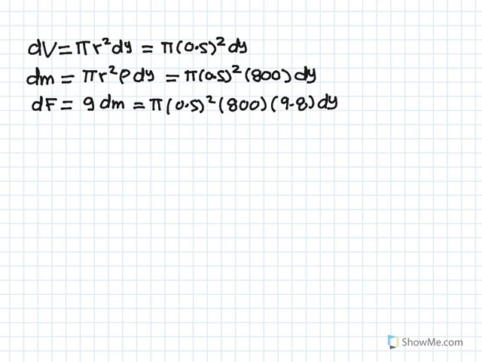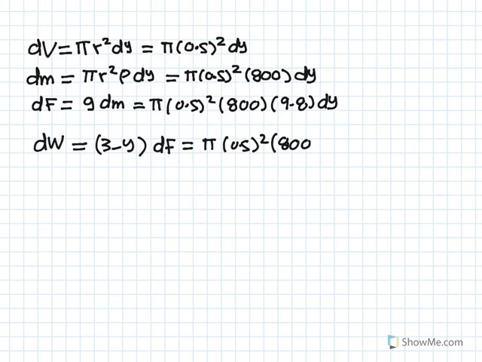So now let's define dW. dW is equal to 3 minus y, the distance that every slice has to travel to reach the top, times dF. This is equal to pi times radius squared, 0.5 squared, times density of oil, which is 800, times gravity, which is 9.8, times the distance that every slice must travel to reach the top, 3 minus y, times dy.